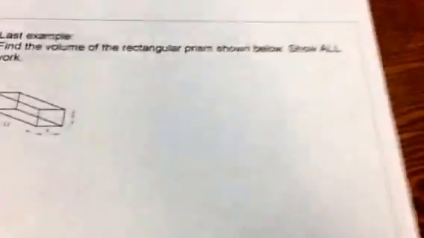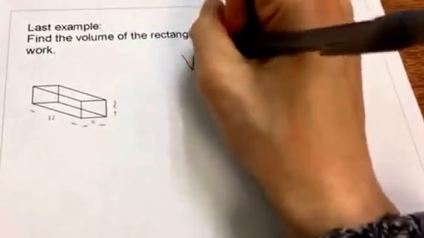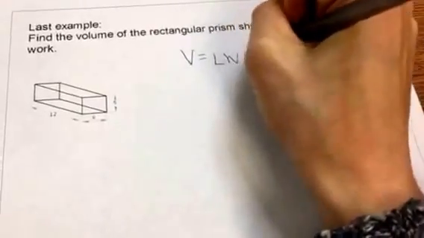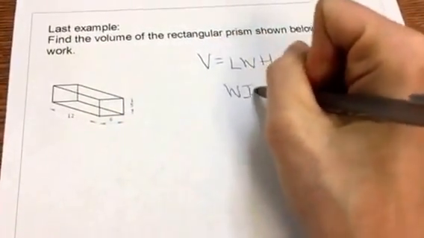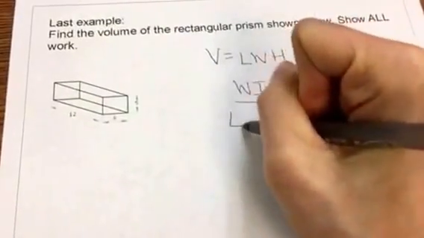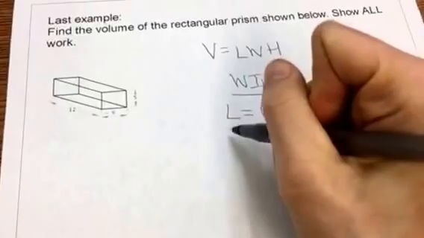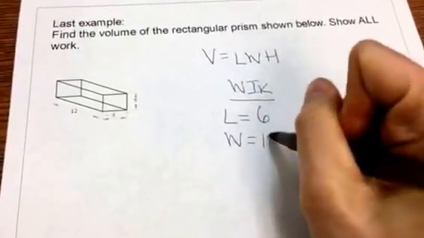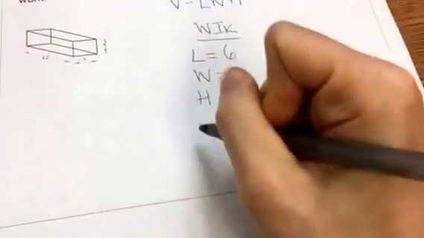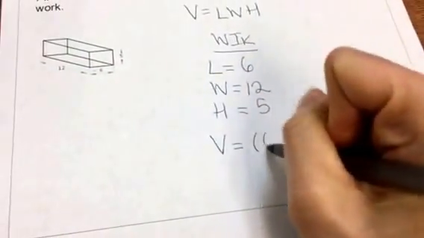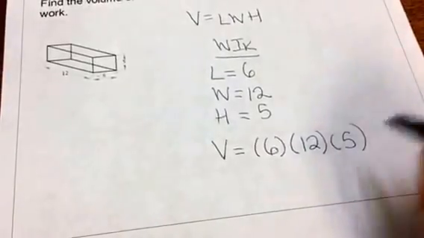So here's my last example. So here's a rectangular prism. It asked me to find the volume. I have my formula for volume, length times width times height. So I'm going to start with my what I know box. I know that my length is 6. I know that my width is 12, and I know that my height is 5. So volume equals 6 times 12 times 5.